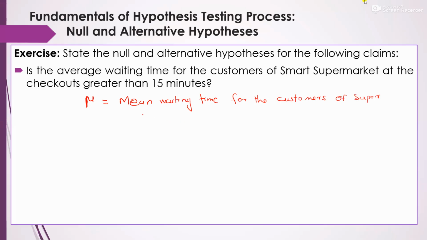From the given scenario, you can identify the description, right? Mean waiting time for the customers of the supermarket checkouts.